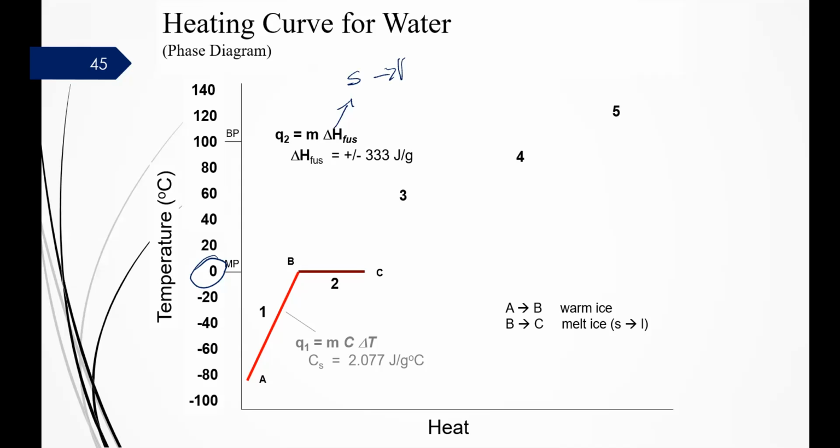Whether it's positive or negative depends on which way you're going. When things go from a solid to a liquid, they should be gaining enthalpy, and we can use that to determine the sign.